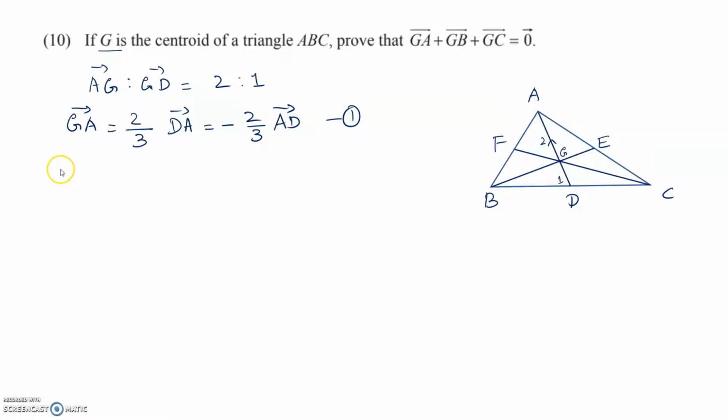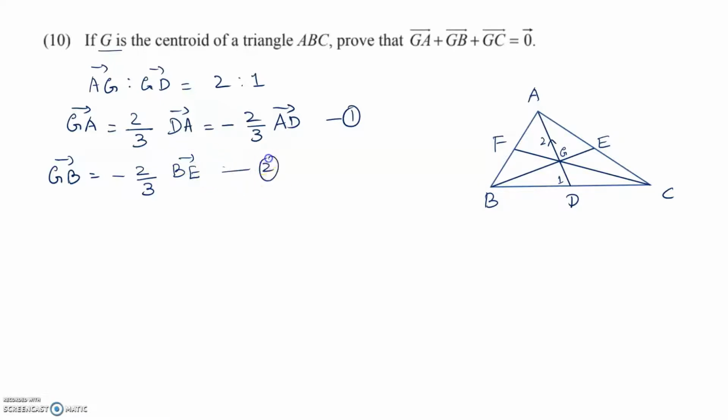Similarly, we can show our GB to be minus 2/3 of BE vector.